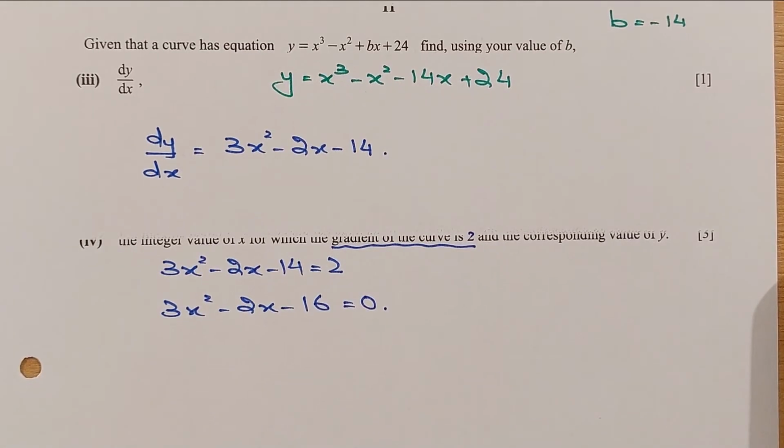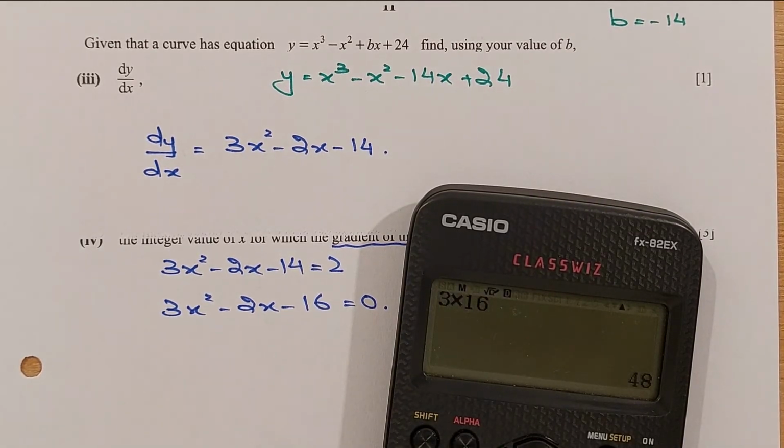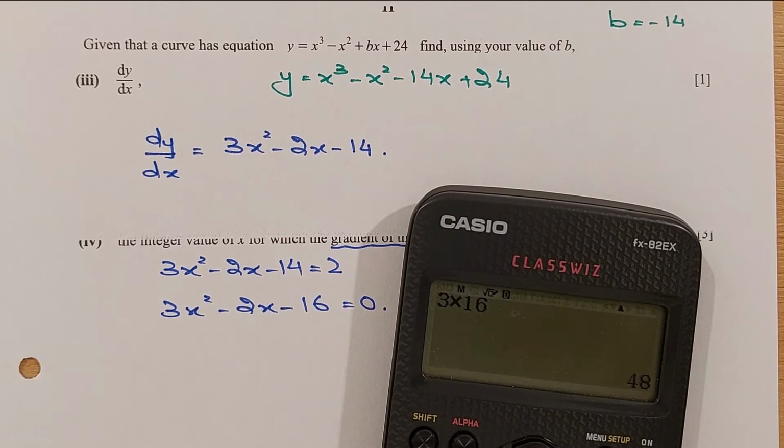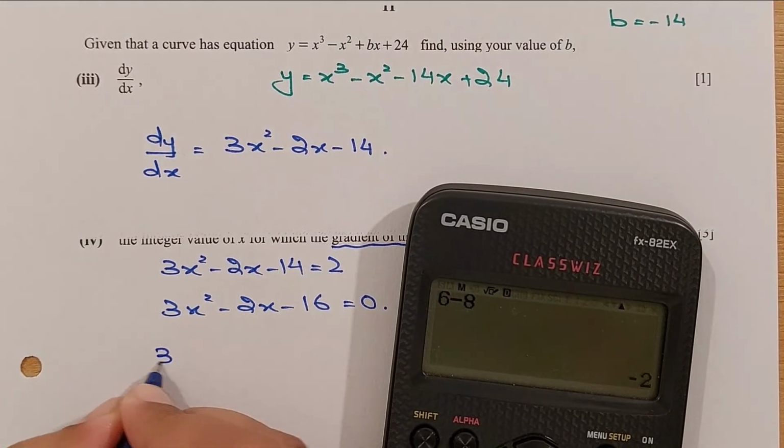Now let me factorize this. 3 times 16 is 48, and we have to factorize 48 as 6 and 8. 6 times 8 is 48, and 6 minus 8 is minus 2.